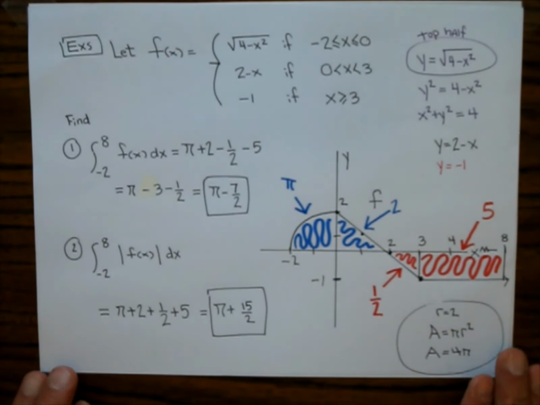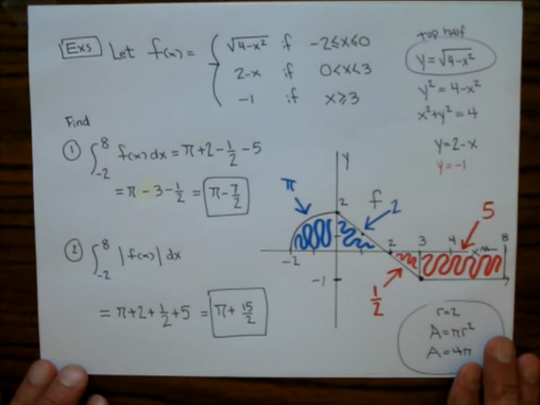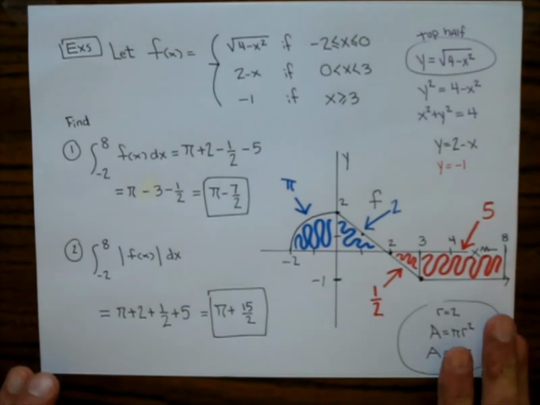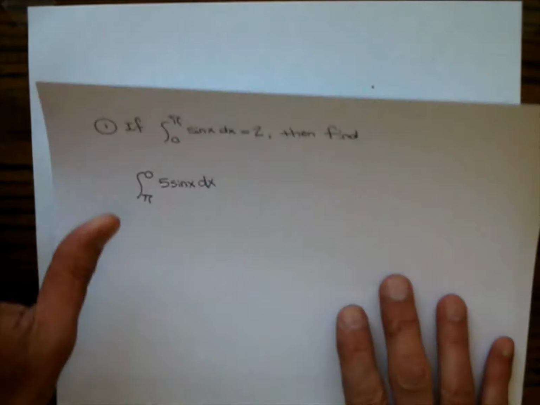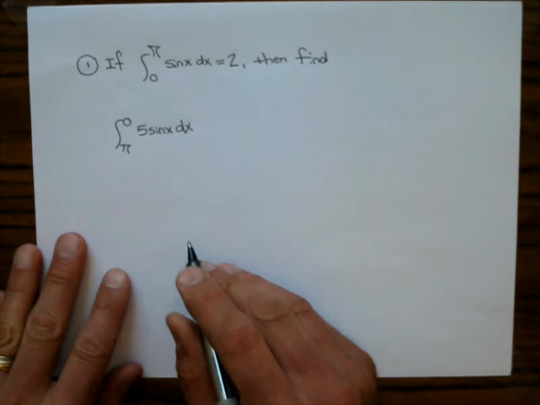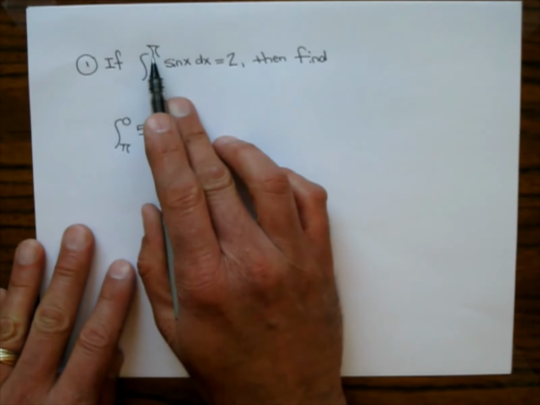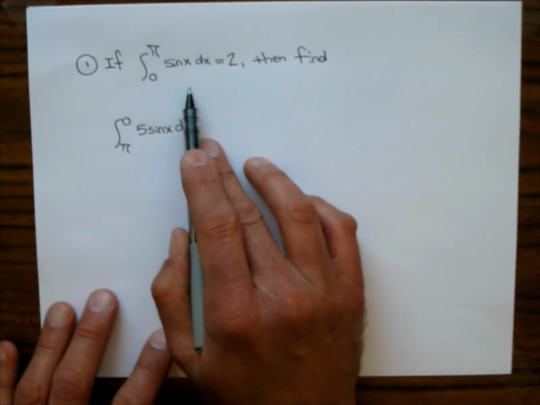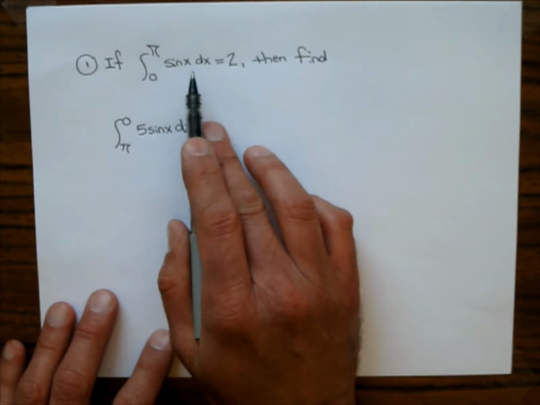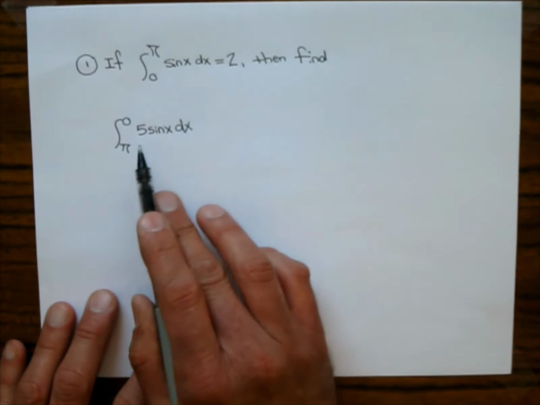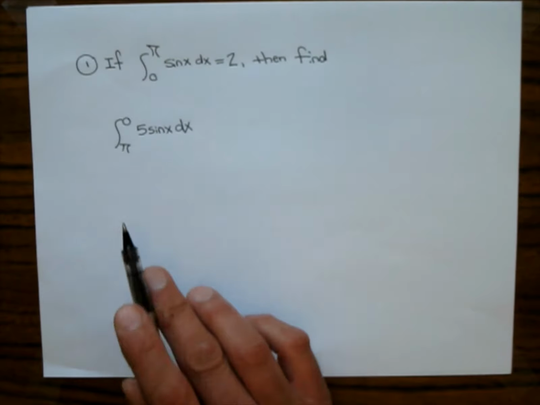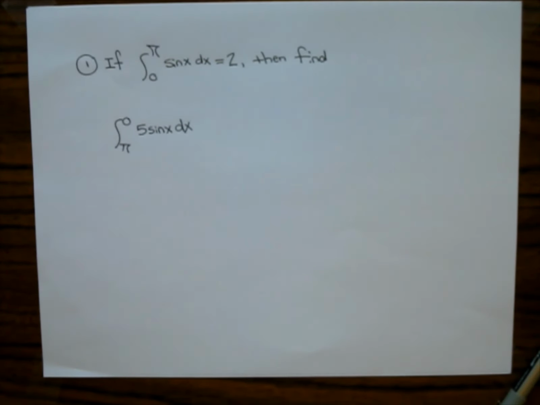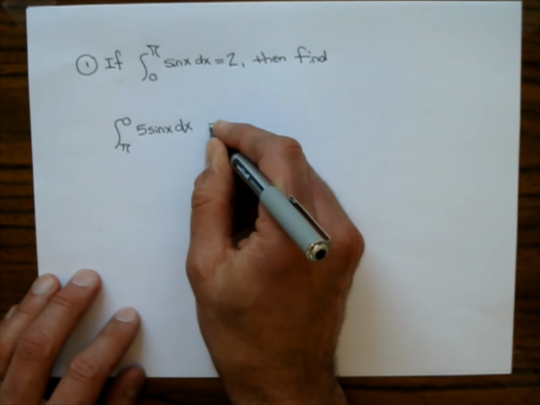Okay, let's go ahead and do a few more problems just to prep you for your homework. This one right here says if the definite integral from 0 to pi of sine x dx is 2, and in the next section or so we'll learn how to verify that on our own using antiderivatives, then find the integral from pi to 0 of 5 sine x dx.